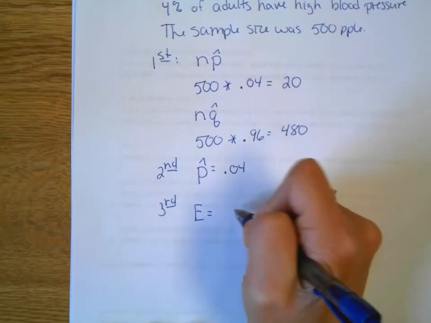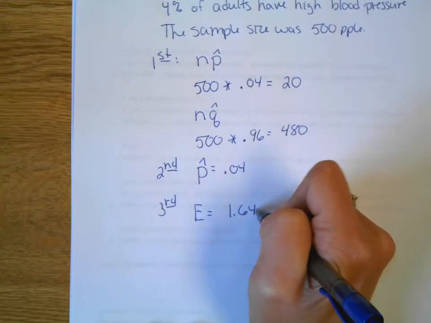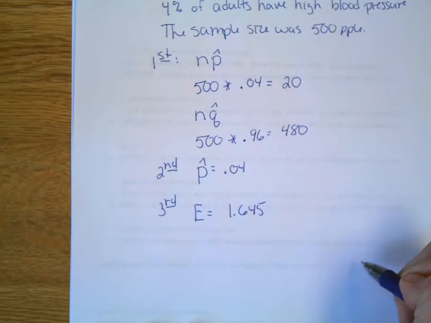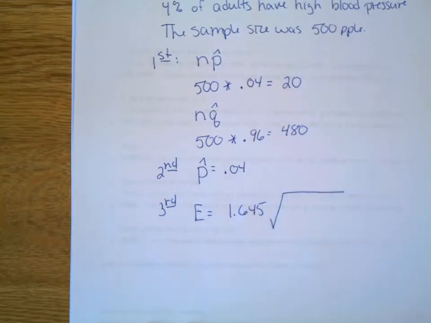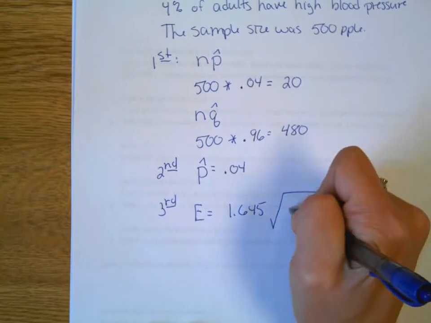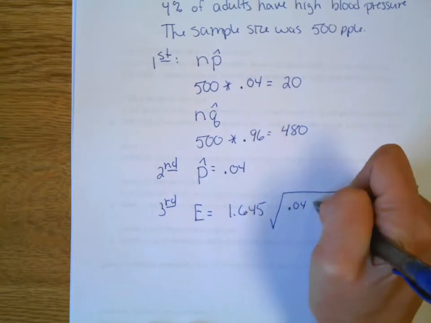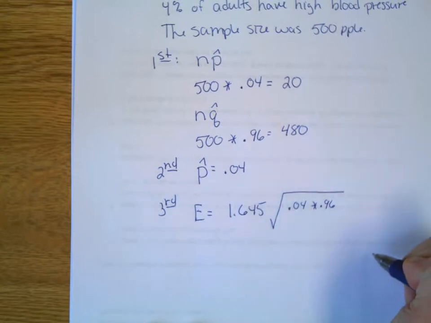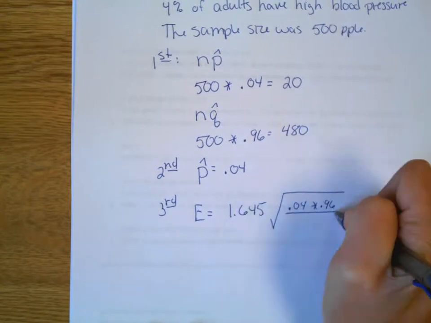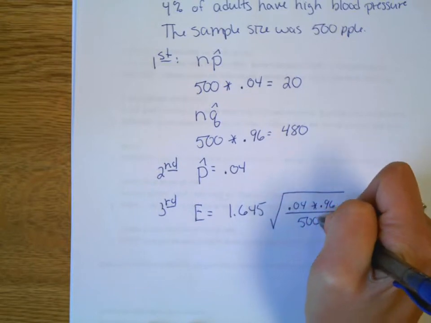Whew, I had a panic attack. 1.645 times that square root. It's p hat times q hat. This time I have those as decimals, so I'm just going to go with it. 0.04 times 0.96 over the sample size, 500.